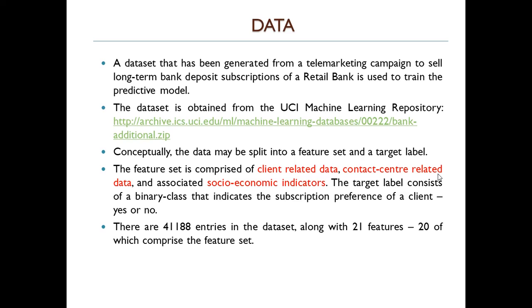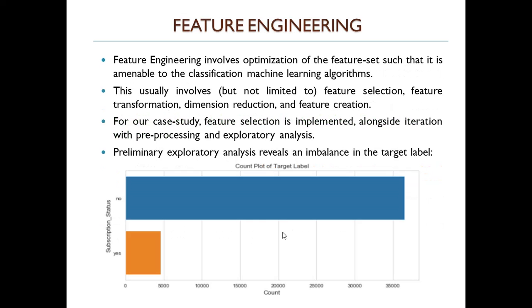Conceptually, as is the case with almost all machine learning pursuits, the data set is split into a feature set and a target label. The feature set in our case comprises client related data, contact center related data, and associated socio-economic indicators. There are 41,188 entries along with 21 features, 20 of which comprise the feature set.